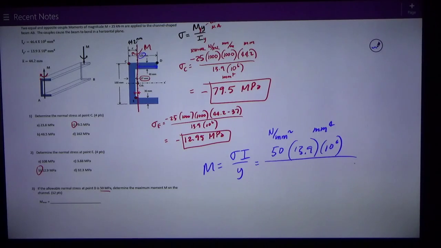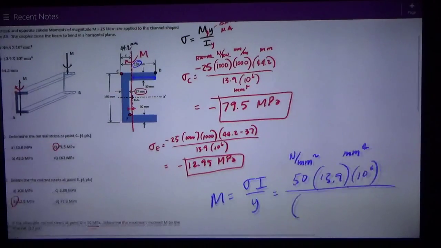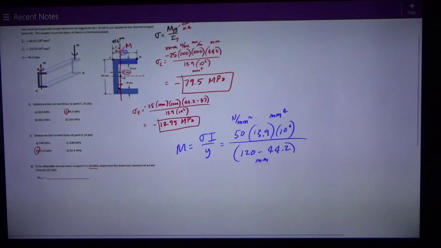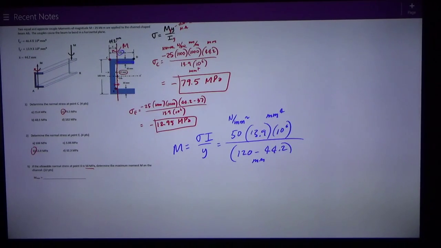And that y distance, as I said, from the neutral axis to point D is 120 minus 44.2, millimeters. I'm working in newtons and millimeters, so I get the answer is 9.17 times 10 to the 6th.